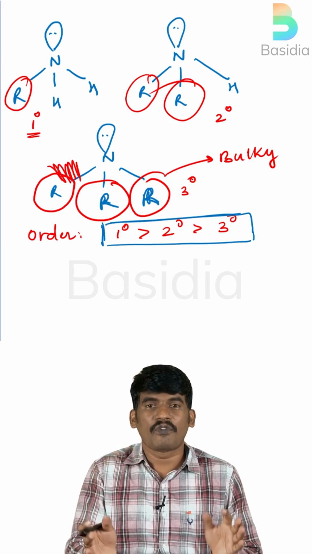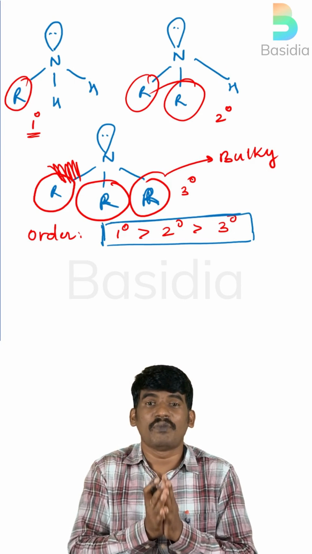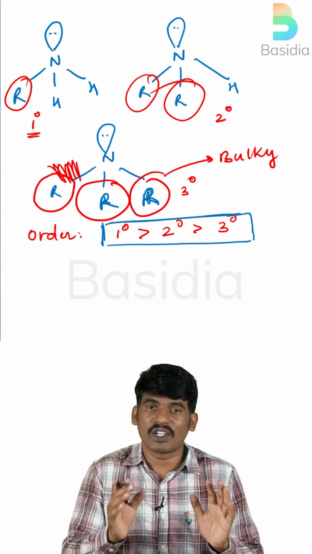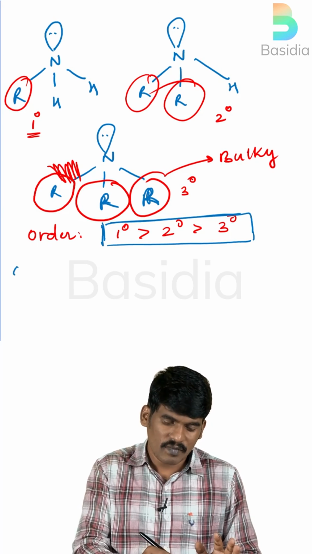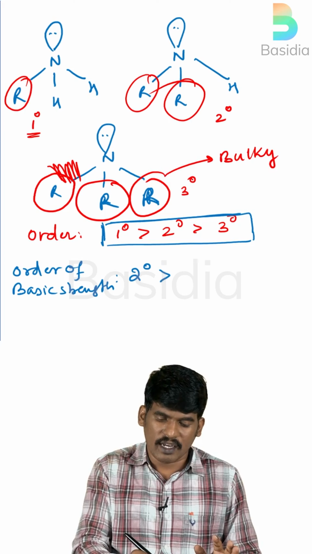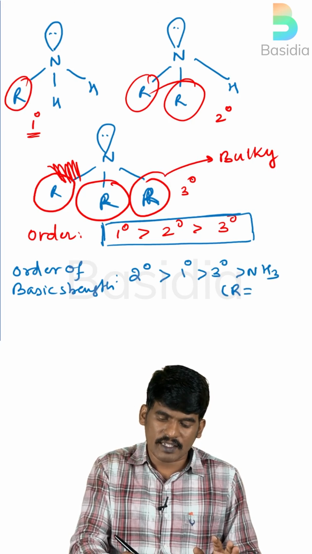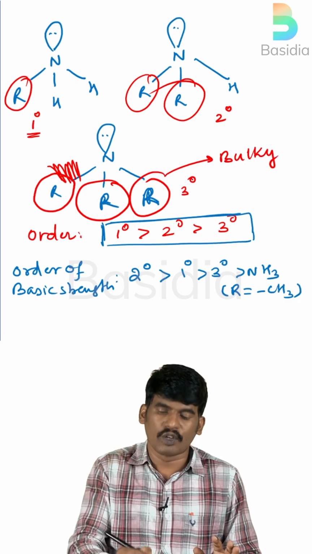So summing up all these effects, the final order of basic strength in aqueous solution can be given as 2 degree greater than 1 degree greater than 3 degree greater than ammonia, but this case is for R as a methyl group.